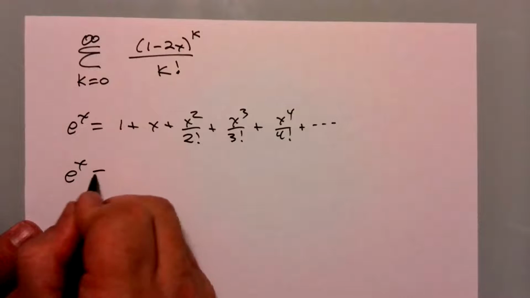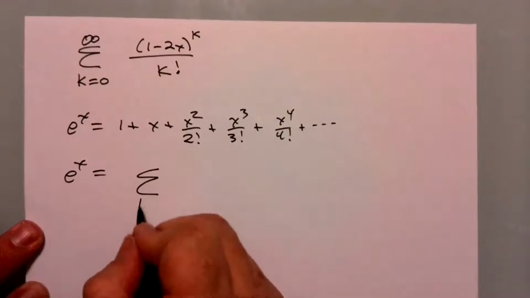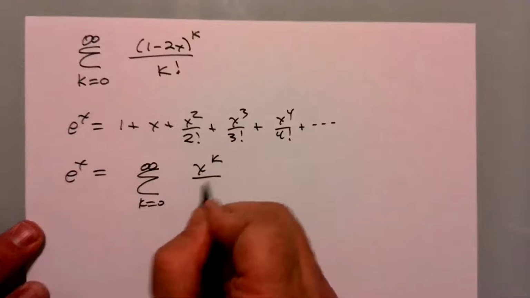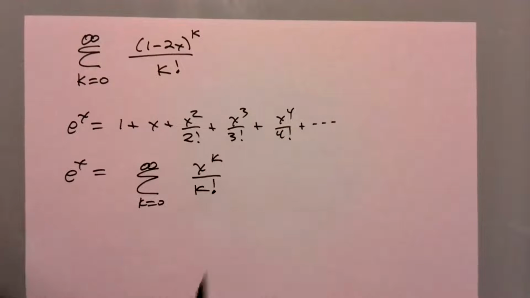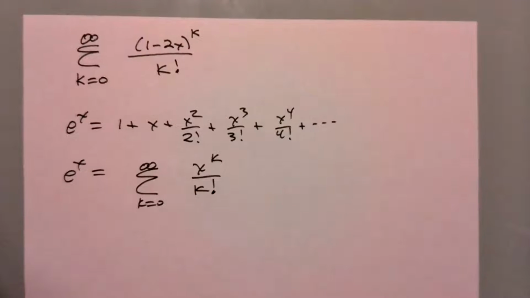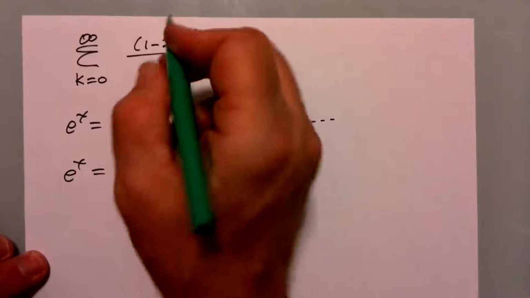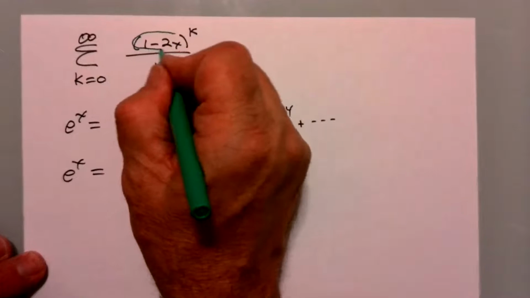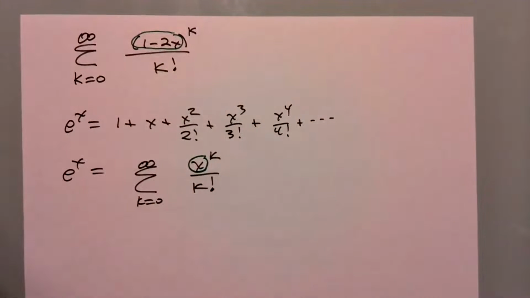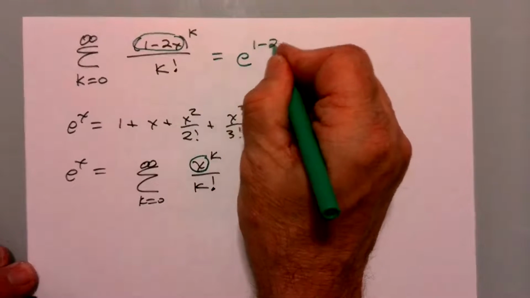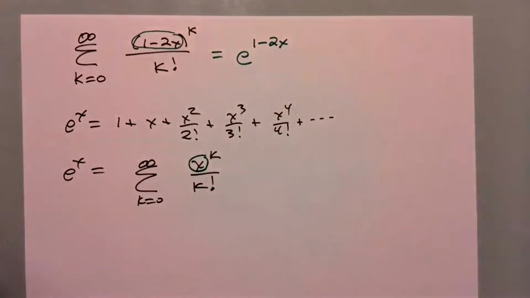And then writing it in sigma notation, it is the sum as k goes from 0 to infinity of x to the k over k factorial. So looking at this problem, that is x, and this is 1 minus 2x. So if this is e to the x, what I have here has to be e to the 1 minus 2x. So that's very good.